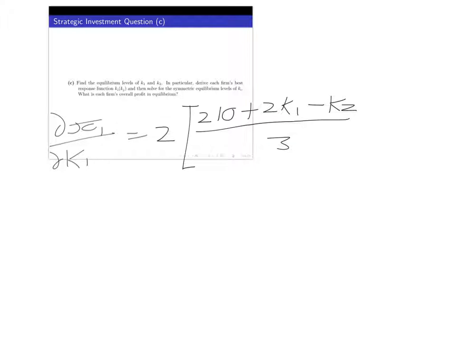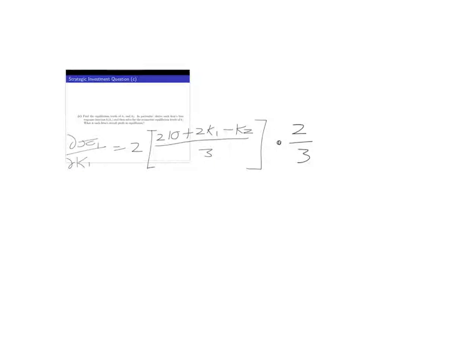If you differentiate the profit expression that we just used with respect to K1, you're going to get plus 2K1 equal to 0.